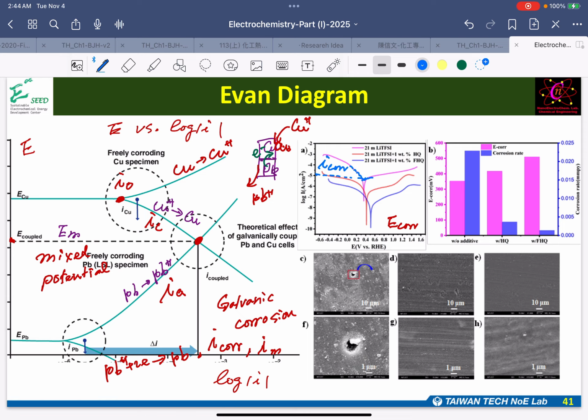So we can get the current from the intercept, and a different current in each case. A higher current means the corrosion is more serious. If, like in this case, you get a lower current, right?